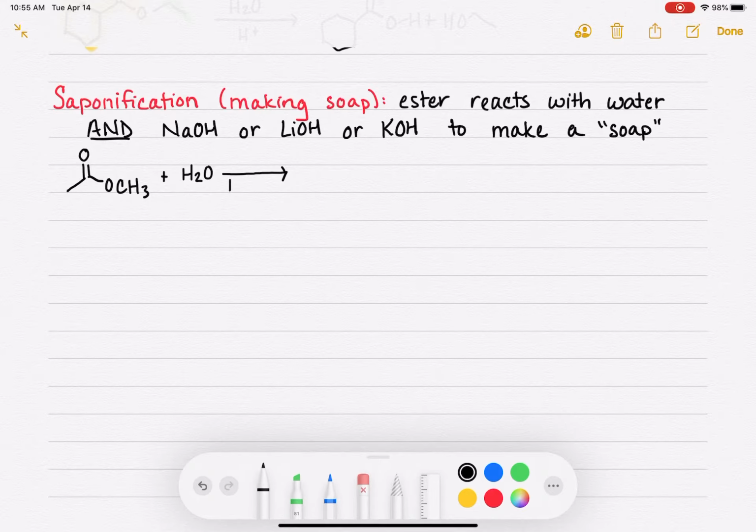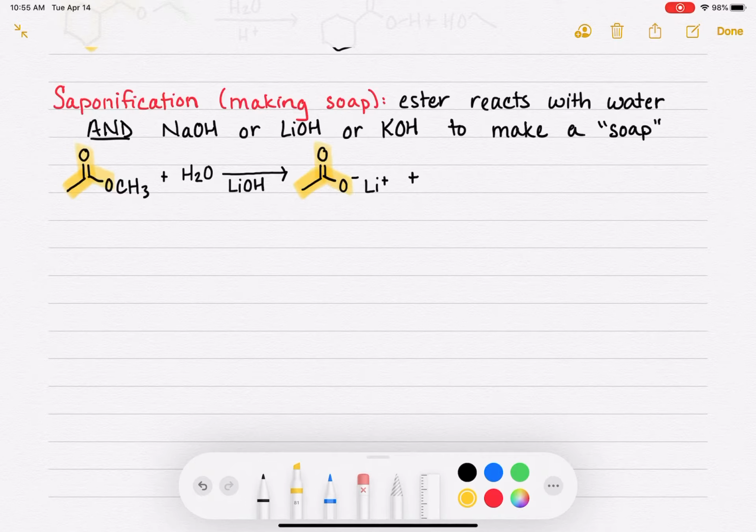So maybe we'll start with LiOH, and I'm going to show you several ways that we could represent that catalyst, or that reactant. The product of this is going to look like this. So before we keep drawing, the ester's carbon-oxygen double bond, and the carbon-oxygen single bond, and the other side that's attached to the carbon-oxygen double bond.